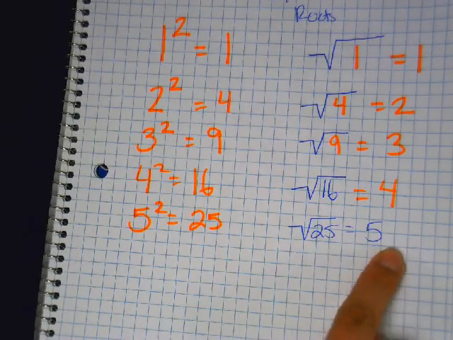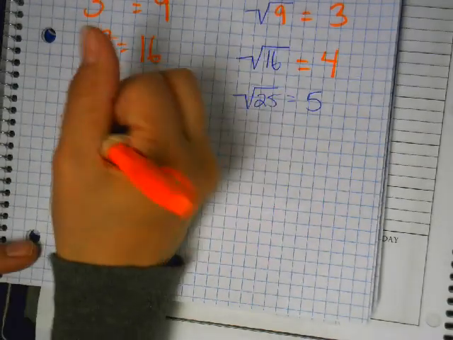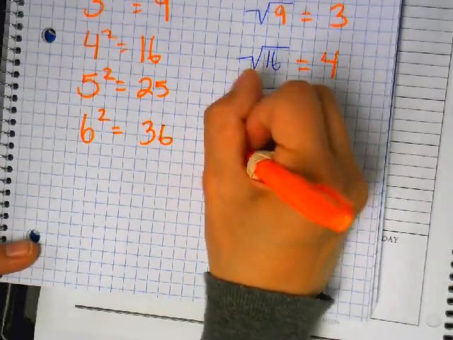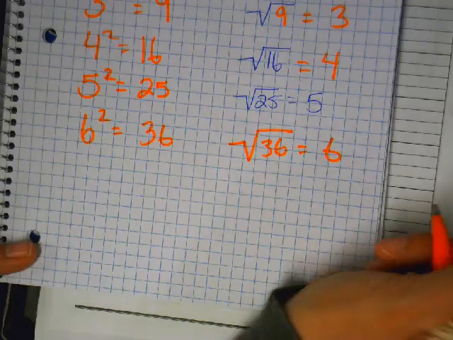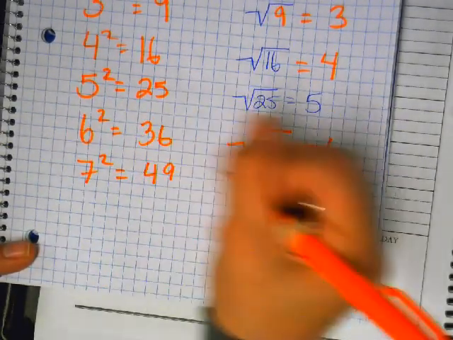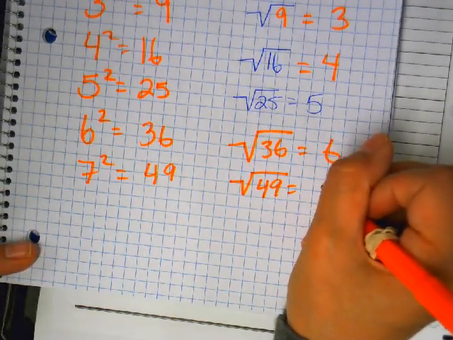My answer is 5. So we're creating like a little cheat sheet here. What's 6 squared? 36. What's the square root of 36? 6. 7 squared. 49. What's the square root of 49? 7.